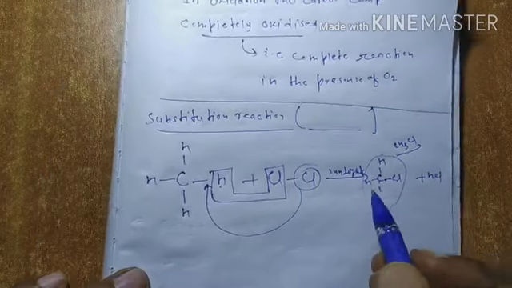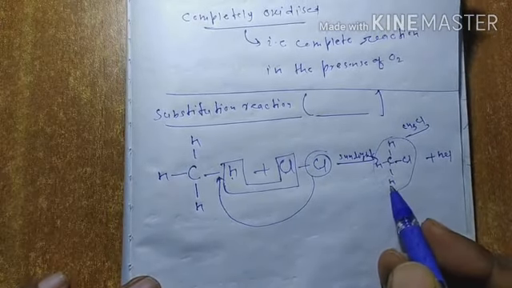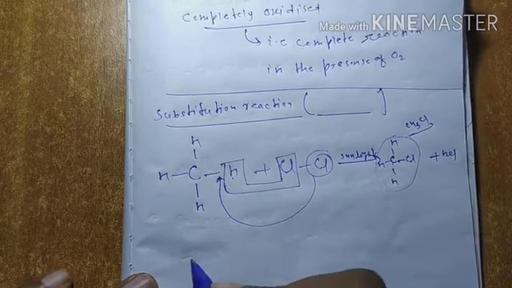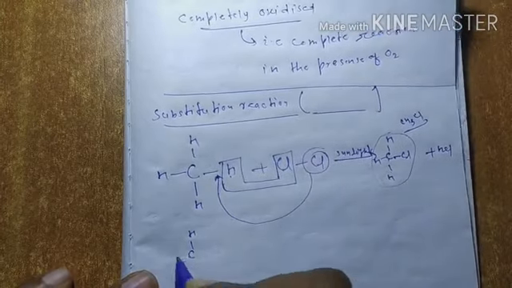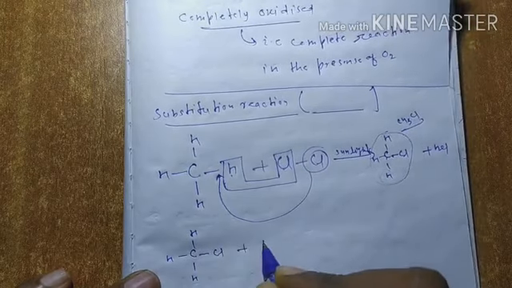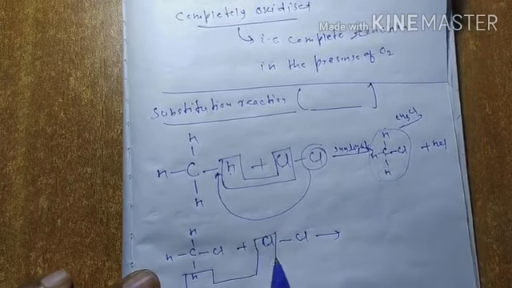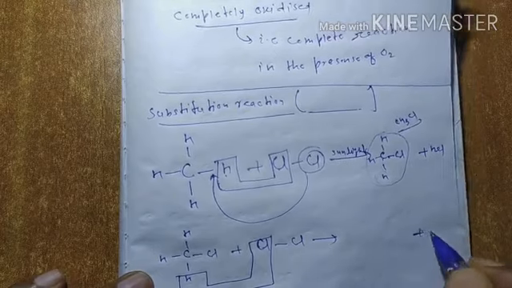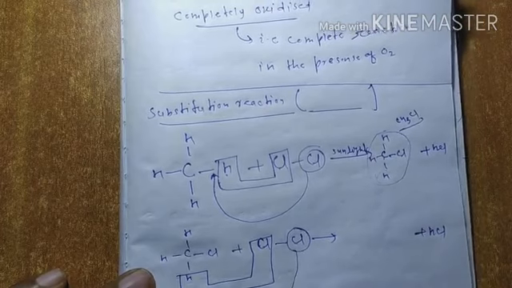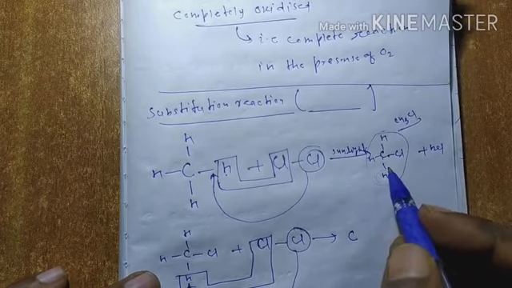In the next step, again a second hydrogen atom will be removed. One by one all the hydrogen atoms are removed by reacting with chlorine gas. In the second case, C has hydrogen, hydrogen, hydrogen, and chlorine, and this will again react with Cl. This time this hydrogen reacts with this chlorine, so again HCl will form, and this chlorine atom will attach here.